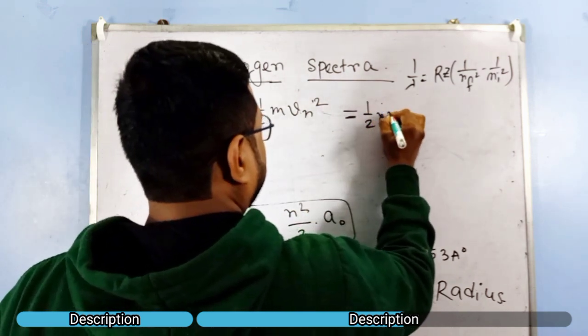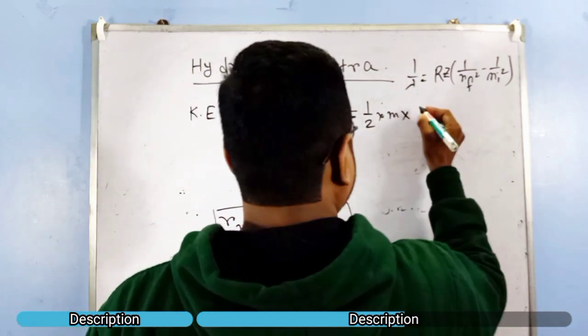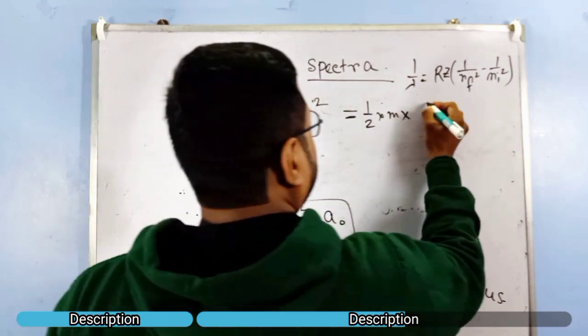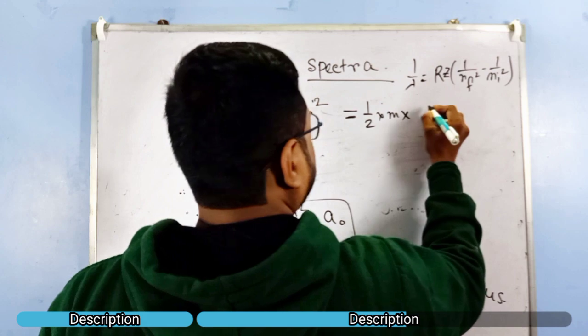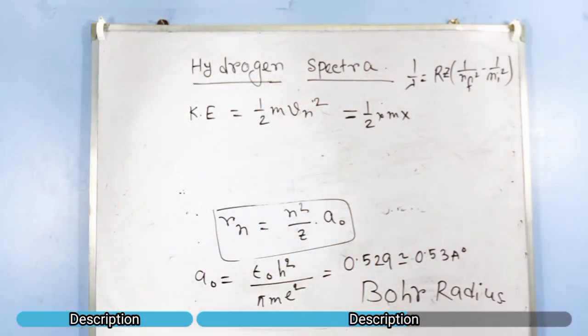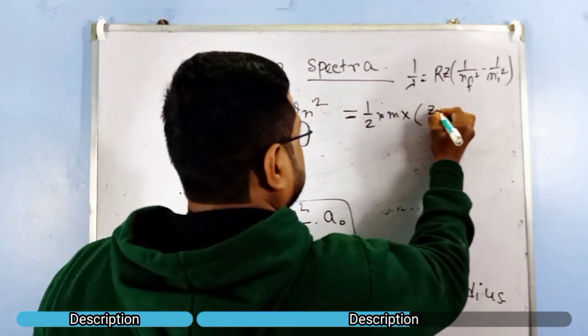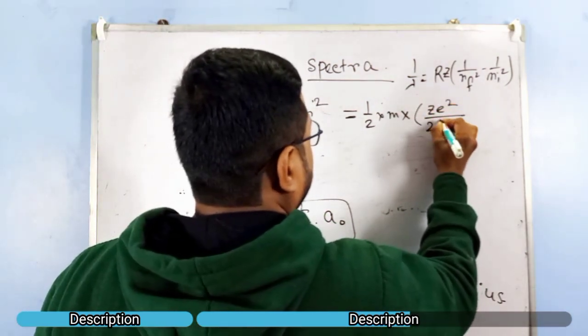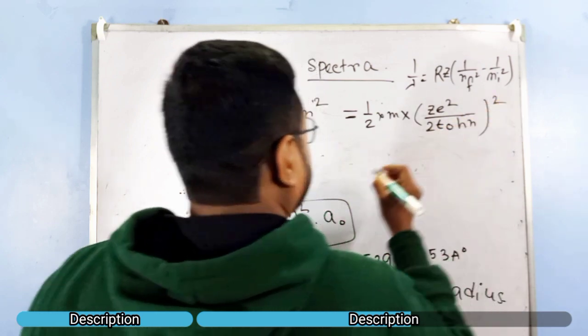The value of Vn is Z e square by 2 epsilon 0 h n.